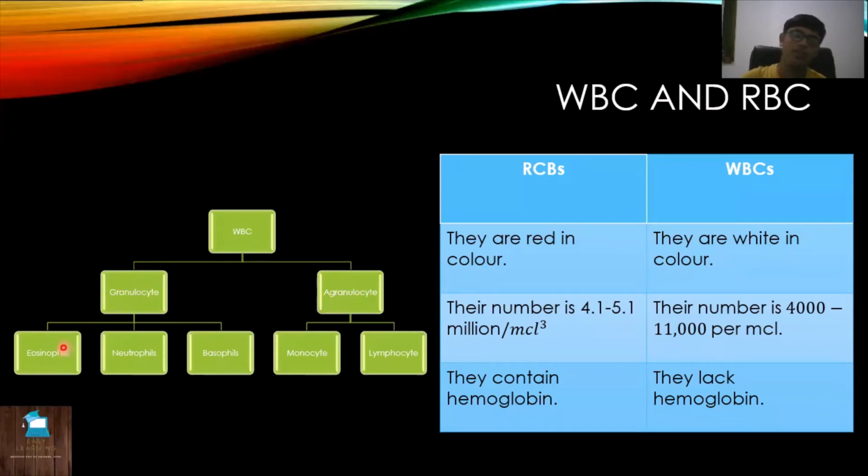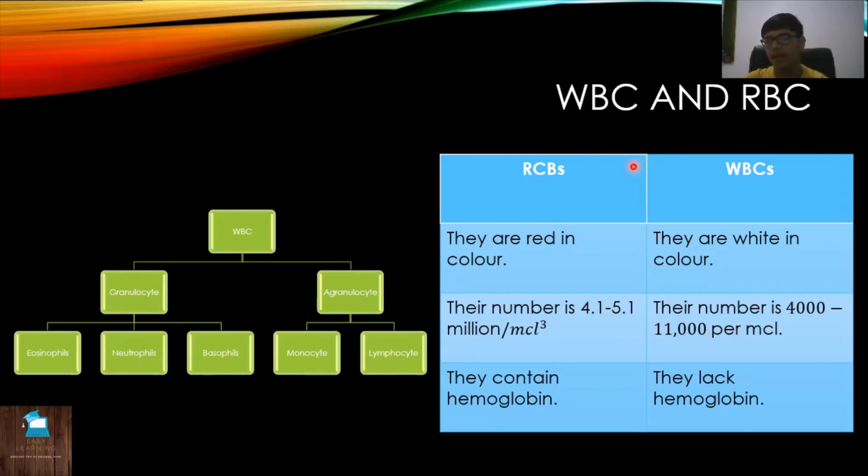There is one more division of granulocytes, three divisions specifically: eosinophils, neutrophils, and basophils. And the division of agranulocytes is monocyte and lymphocyte.